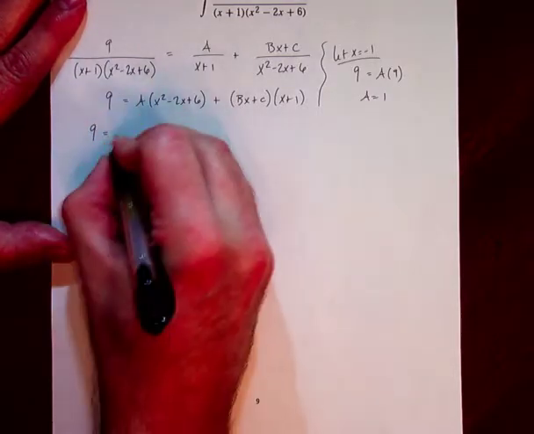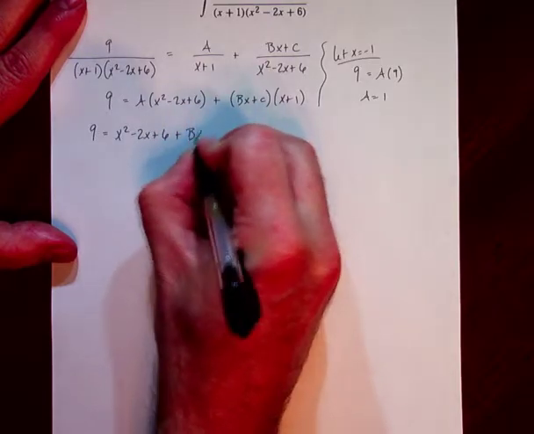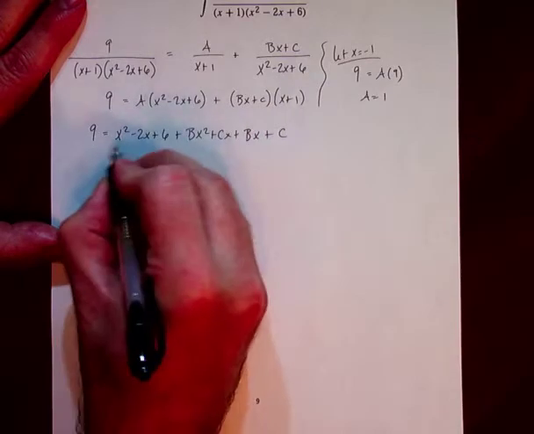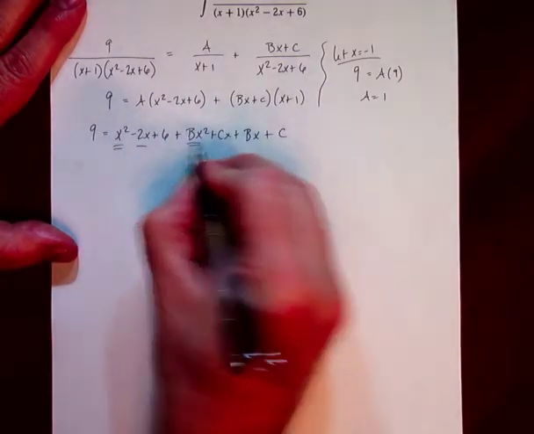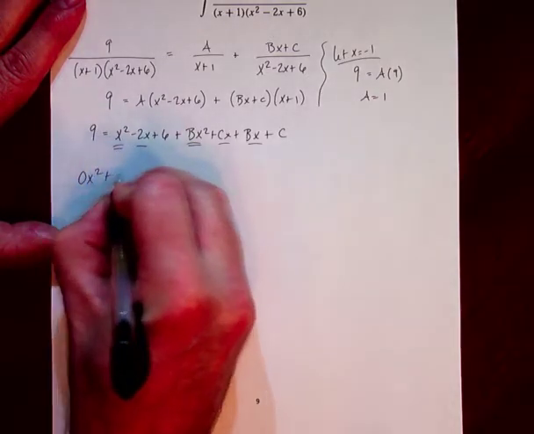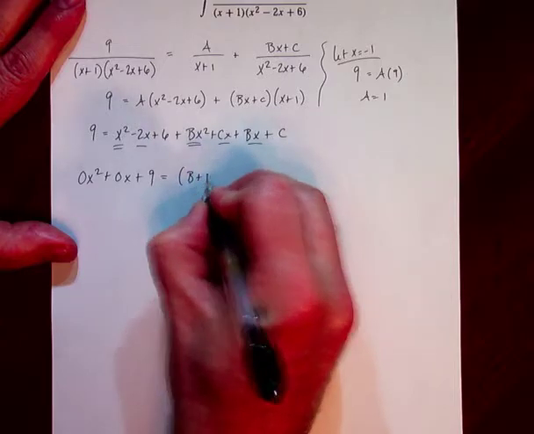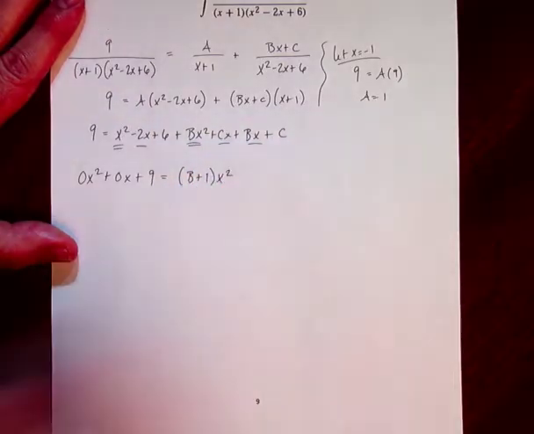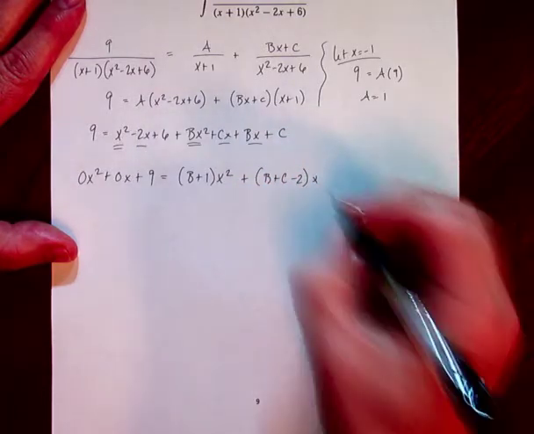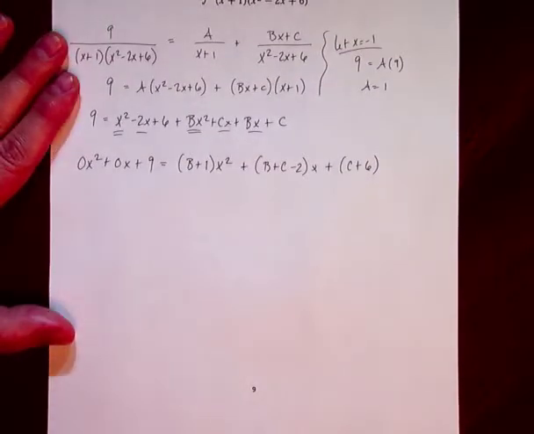So this winds up being x squared minus 2x plus 6. And this is bx squared plus cx plus bx plus c. Second term, first term, 0 term, second degree, first degree, 0 degree. And we wind up with 0x squared plus 0x plus 9. And we get b plus 1 x squared. And then we get b plus c minus 2x, and we get c plus 6. And all I was doing was just gathering like terms.